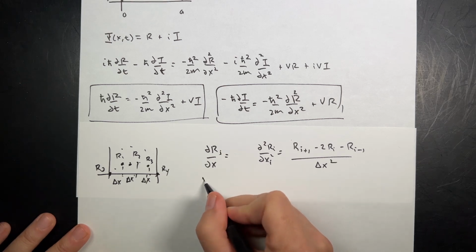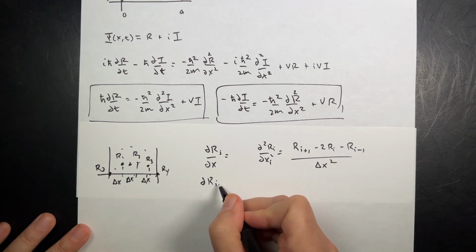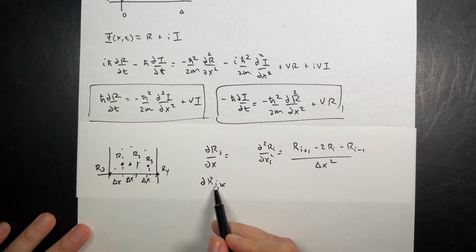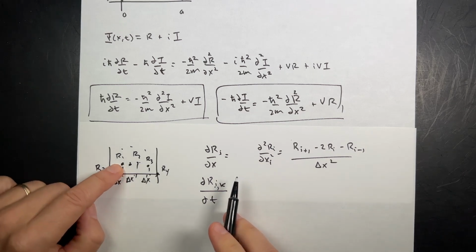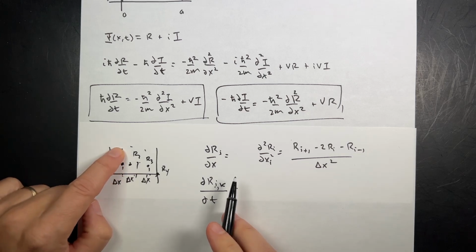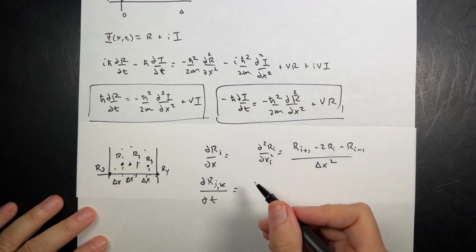So if I want to write the partial derivative of rik, that's the ith space element, the kth time element, with respect to time, then it's just a first derivative. In this case, I'm going to take this kth value and the next one to find the derivative. So it's just a slope.